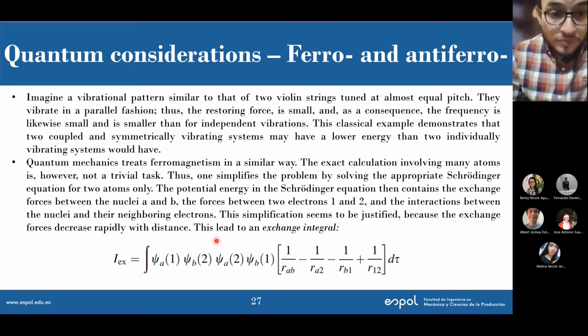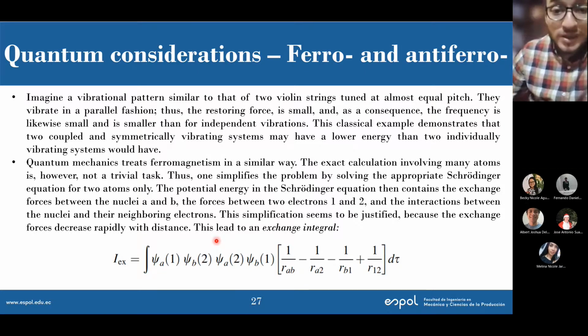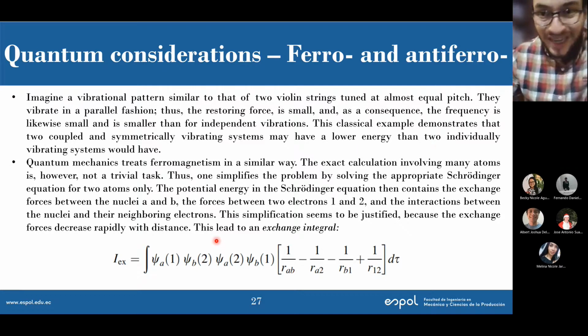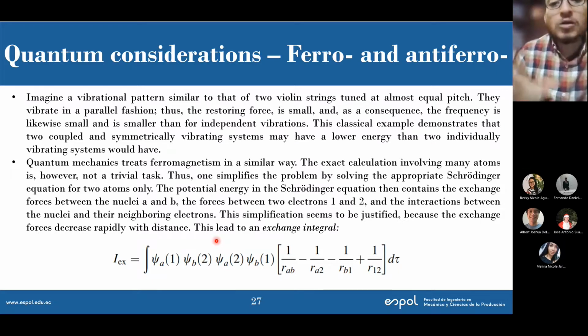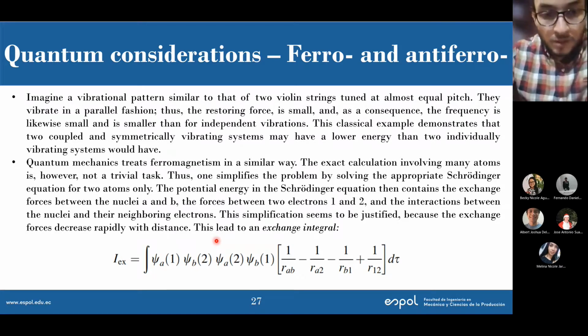And obviously, those interactions between the nuclei and the neighboring electrons is what allows me to get that exchange energy. Well, that allows me to get this exchange integral that at the end, as I said, is related to the exchange energy that I just talked about.